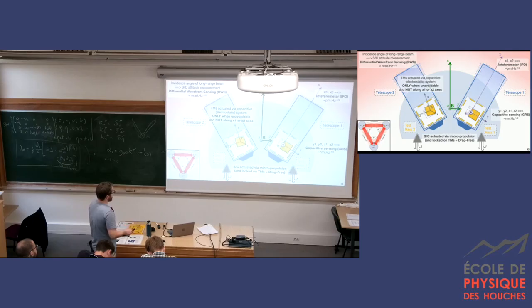This means that on these two degrees of freedom, if you lock the spacecraft on these two measurements, you can have a very stable spacecraft in that plane, in both directions, because they're locked on the test mass motion, which is protected from acceleration noise. So the spacecraft is super stable in that plane.